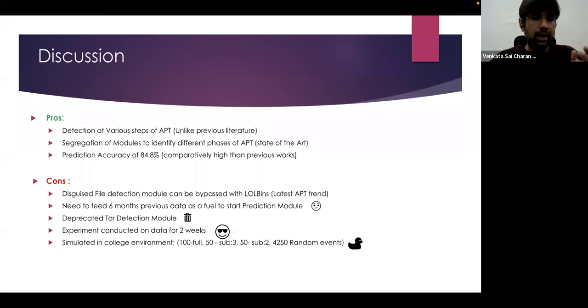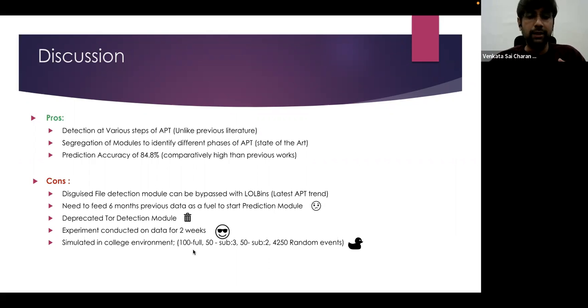And there are some deprecated modules like the Tor detection module nowadays. No attacker is using Tor. They are using some custom encoding or encryption mechanisms to push the payloads securely to the external command and control servers. Another thing is that all of this is simulated in a university environment.